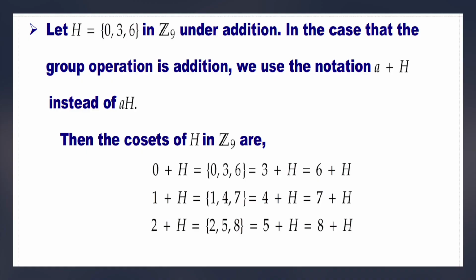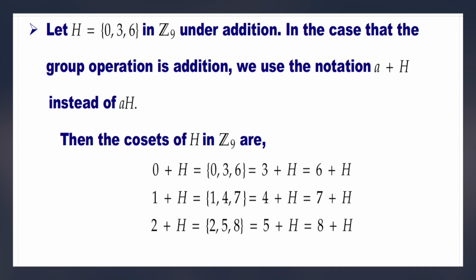Let H be the set {0, 3, 6} in Z9 under addition. In the case that the group operation is addition, we use the notation a plus H instead of aH.